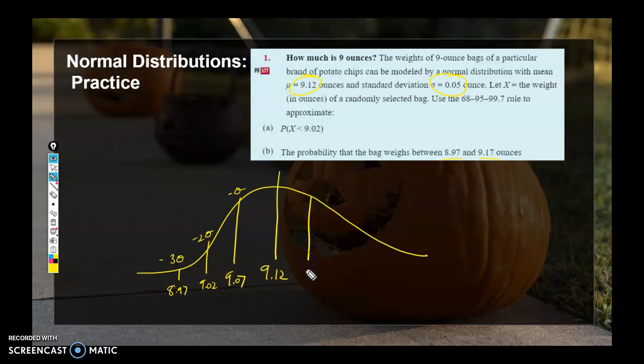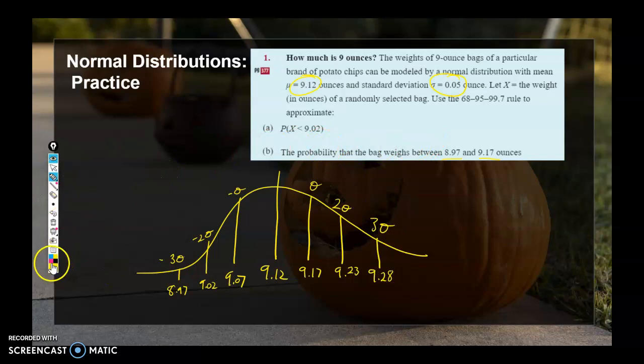Now let's build our standard deviations to the right. 9.17, 1 standard deviation to the right, 2 standard deviations to the right, 9.23. And again, I'm just adding this 0.05 every time. And then 3 standard deviations to the right would be 9.28. Right, just adding 0.05 every time.